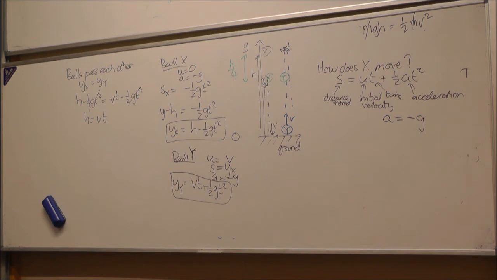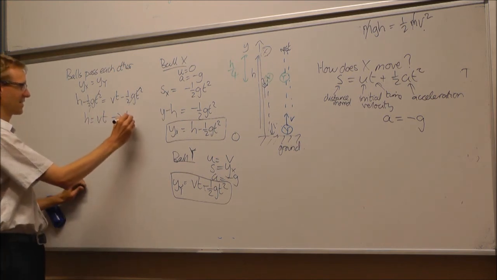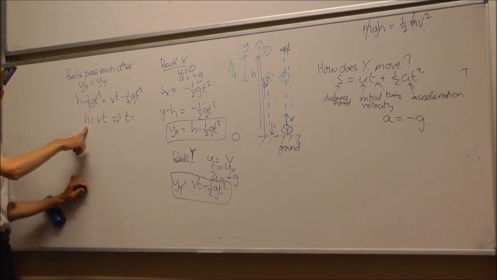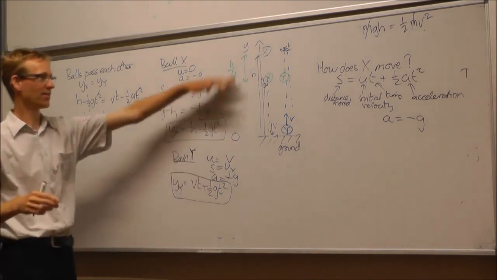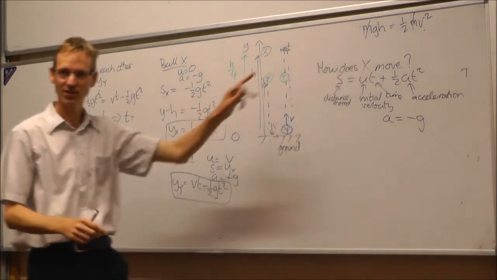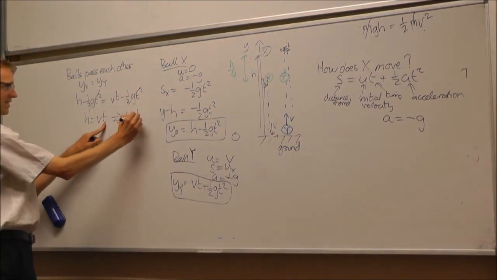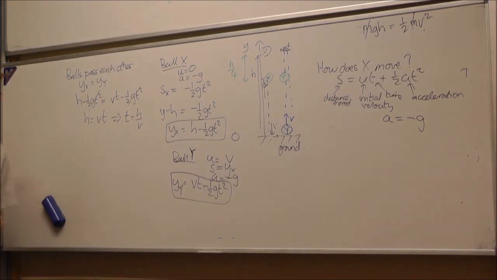Yes, it does, because it tells us our time, because we assume we're given h, we know v, which is going to be related to h. So therefore that tells us what the time is when they pass.